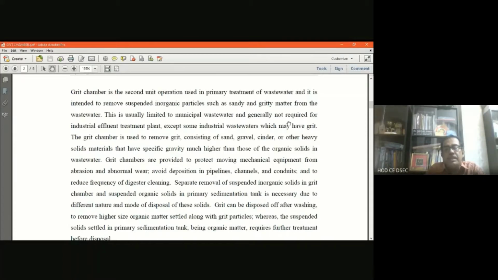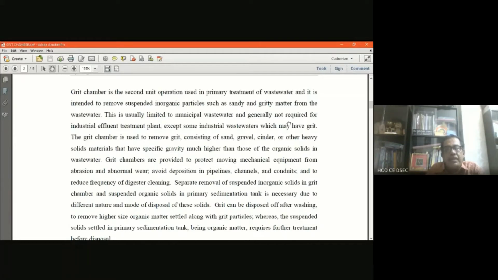So this second unit operation of the preliminary treatment, the grit chamber, is valid for municipal wastewater treatment.